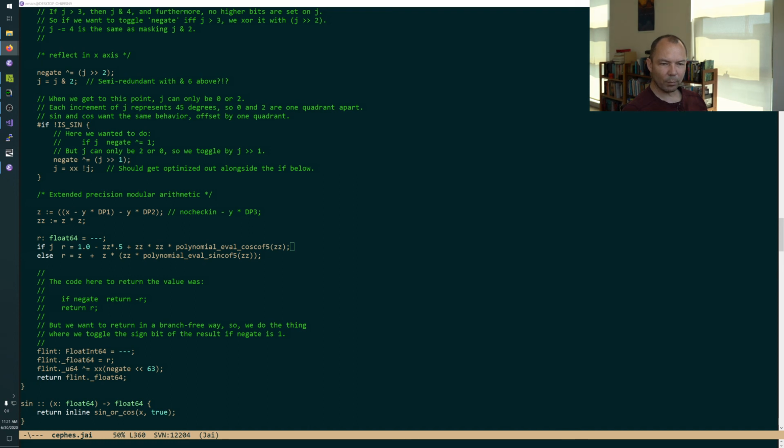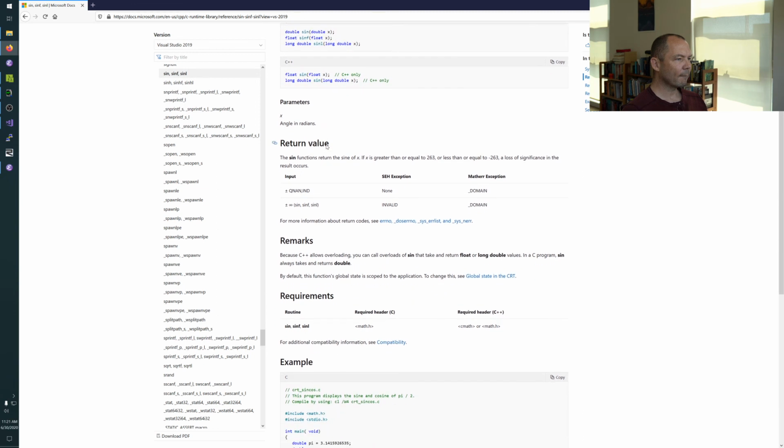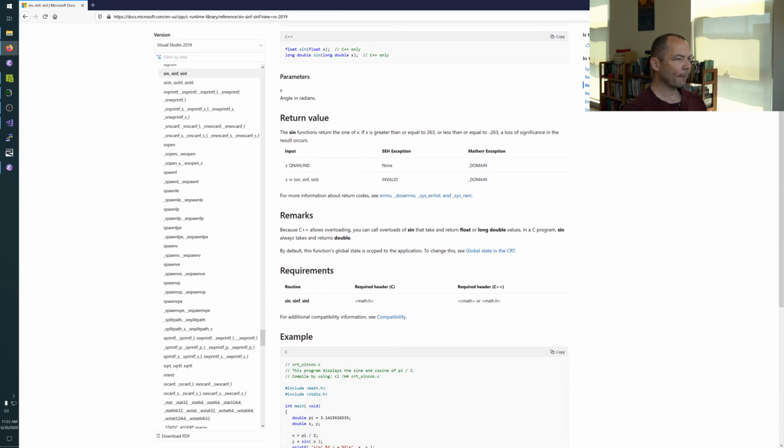All right, double sine. Loss of significance. I don't know. Anyway, that doesn't seem as hardcore as 1 million, although at 1 million, we actually reject the input. So that's worse than a loss of significance.